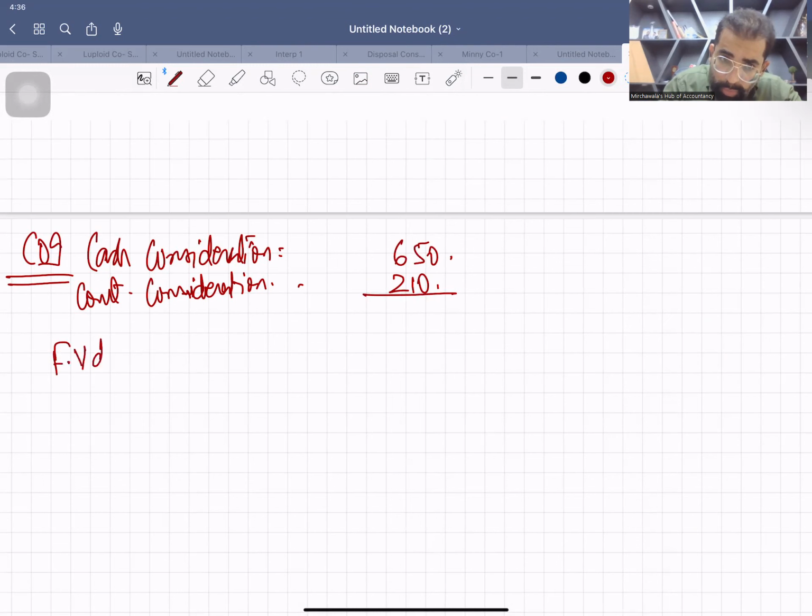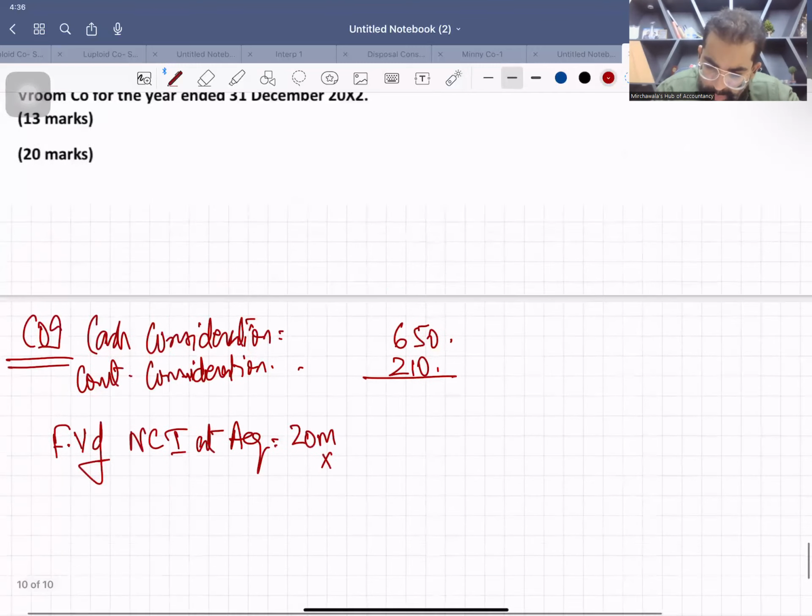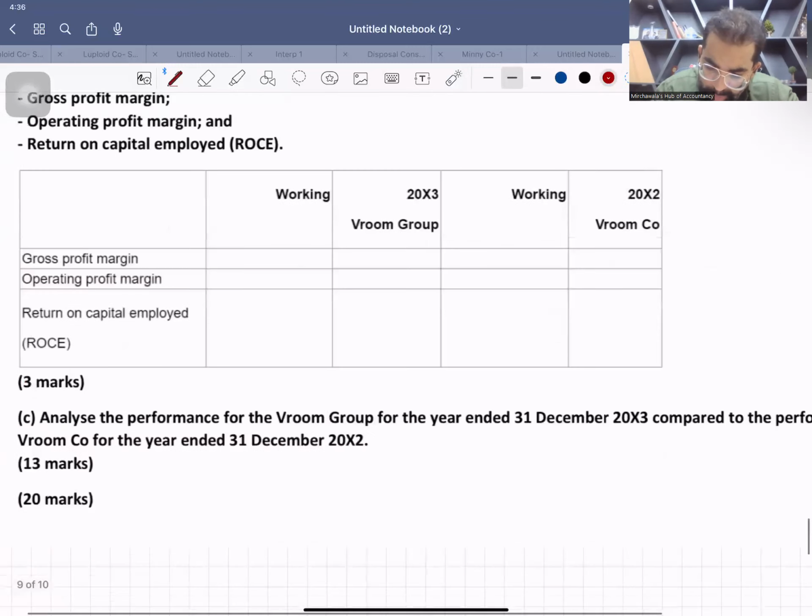Then fair value of NCI at acquisition. You have 20 million shares of NCI. NCI has 20 million shares of S company. Multiply by 1 share will cost you 6.8.